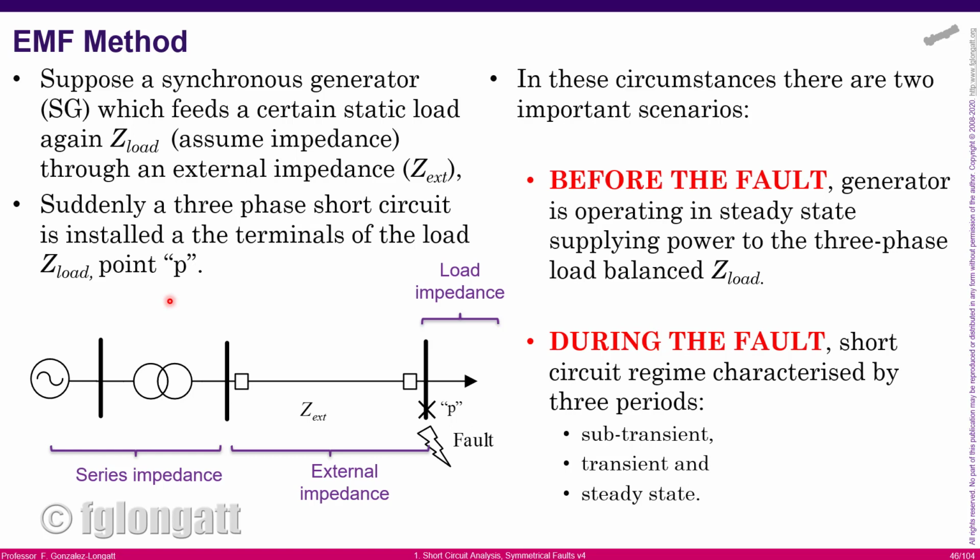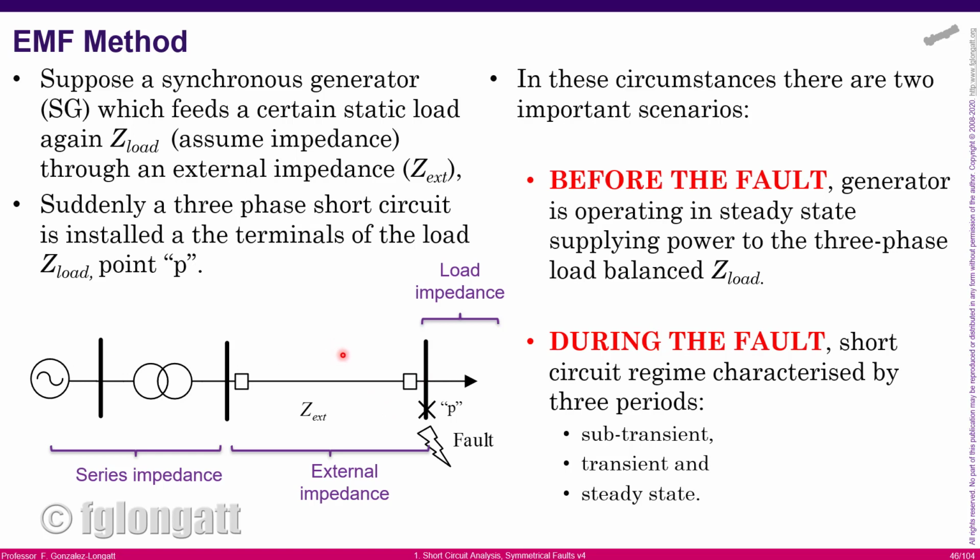Let's assume that we have a synchronous generator here that is using a step-up transformer, and then this step-up transformer has in series a transmission line. We can say that is an external impedance, sending power to somewhere else, okay? Classical generator, transformer, line, okay?